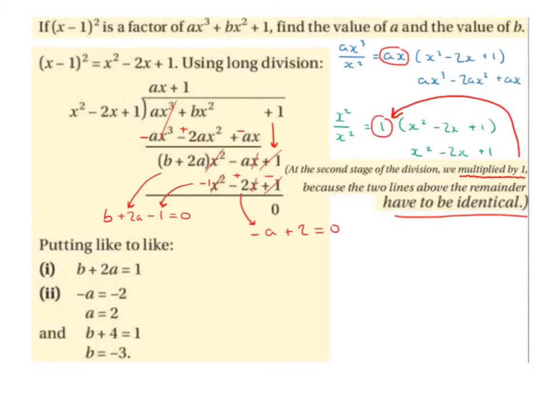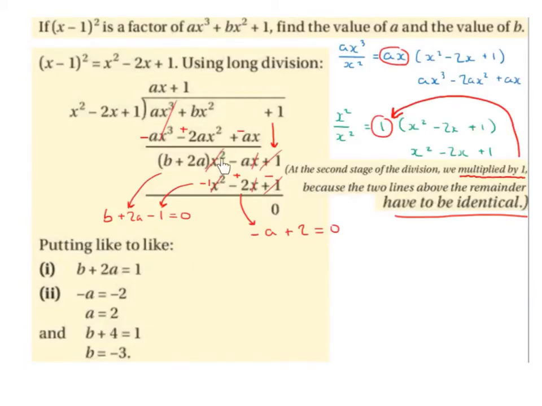Again, there are two ways of looking at the next step. Either way, we're going to let it all equal 0 because we know that this is a factor, so we have to have a remainder of 0. One way is to change the signs: the x squared becomes minus x squared, the minus 2x becomes plus 2x, and the plus 1 becomes minus 1. I've written in red the new signs.